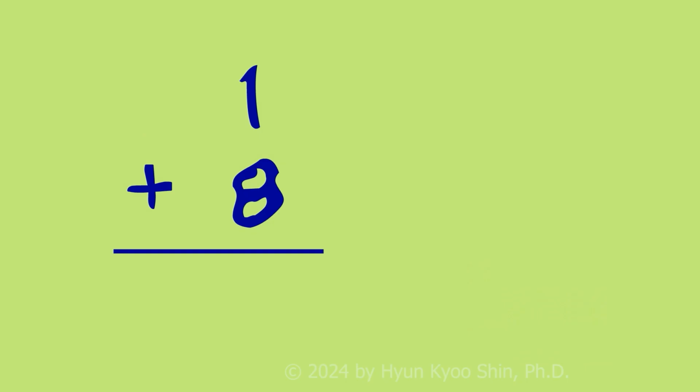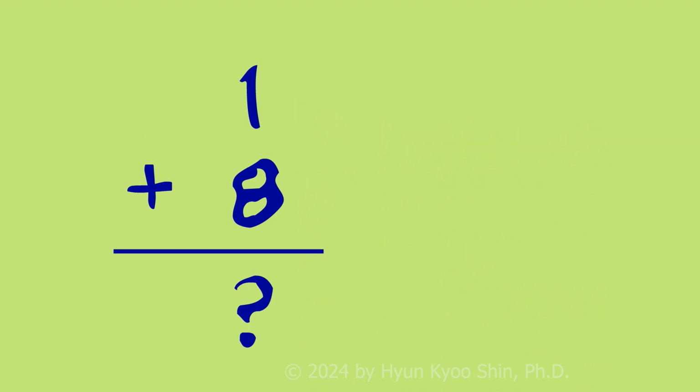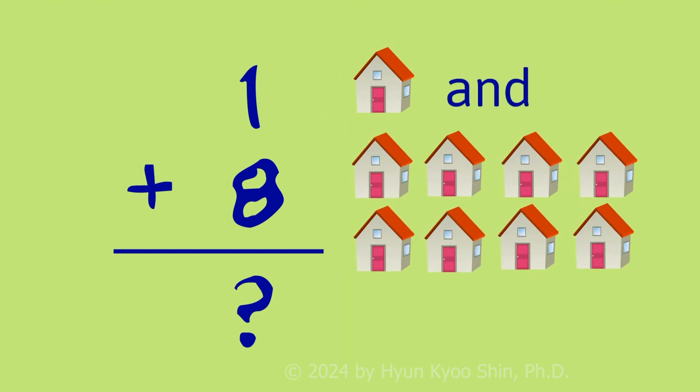1 plus 8 is equal to... 1 and 8 are whole numbers. Let's say we have 1 house and another 8 houses. How many houses do we have now?